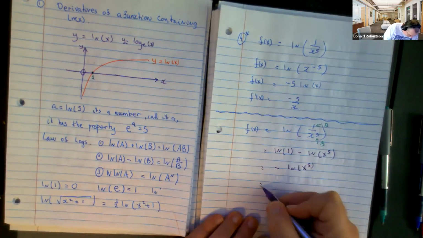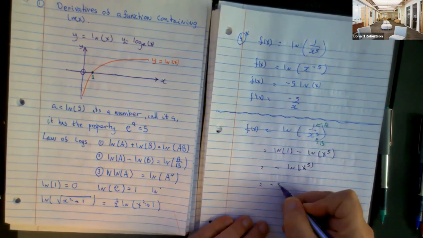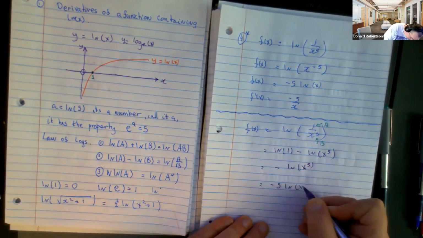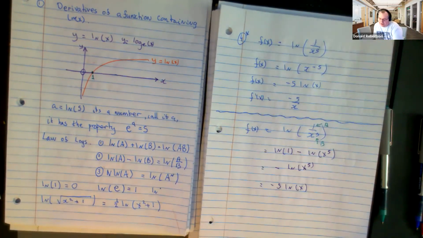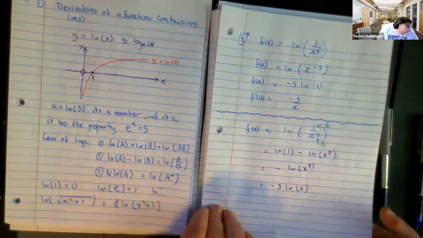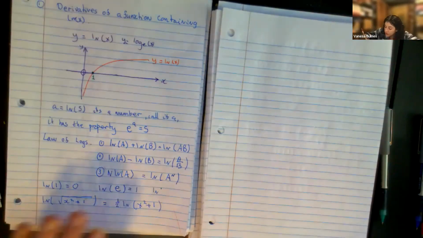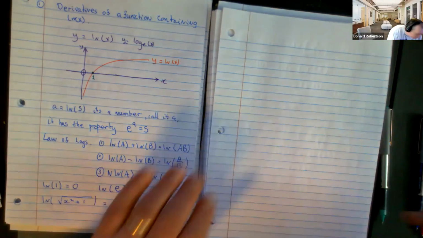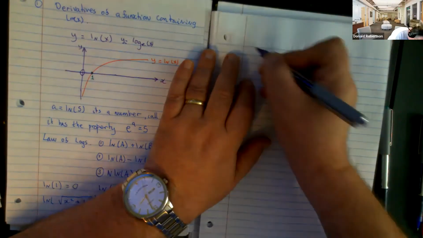And then if I use this rule, don't you still end up with -5 log x at the end? So that wasn't wrong, it's just a little bit different road, that's all. Make sense? Yes. Cool.